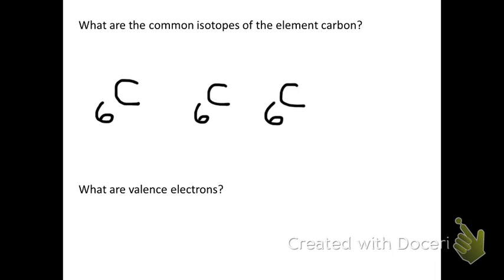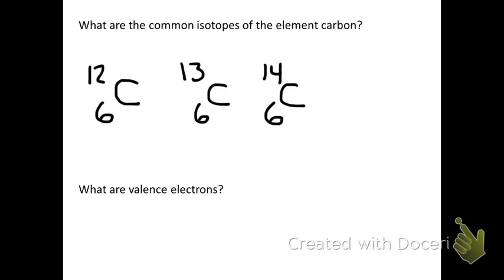Up in the top left-hand corner, we are going to put the atomic mass for each one of these isotopes. For carbon, we can have an atomic mass of 12, 13, or 14. Right?